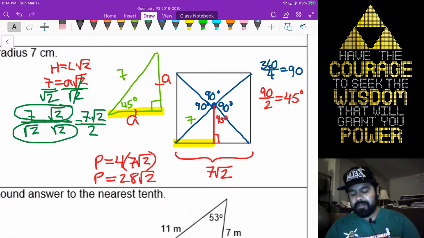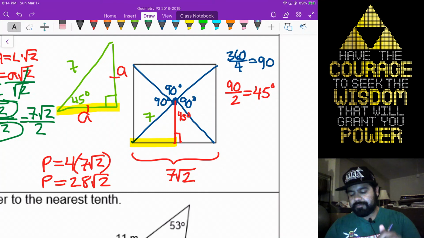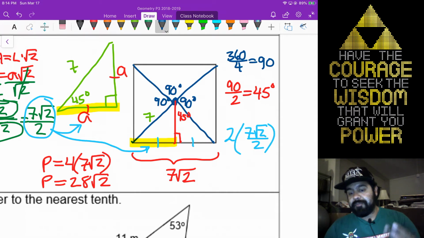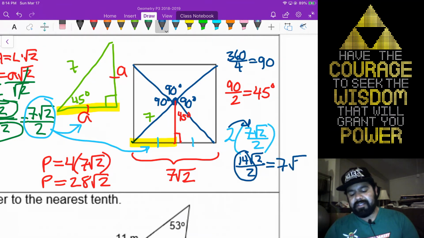Oh, okay. So let's just show that math. So hopefully you recognize that this 7 rad 2 over 2 is this length here, which is that length there. So if I take that actual expression, because these are the same with doubling, so 2 times 7 rad 2 over 2, you could say, oh, 2 times 7 is 14, but then you're dividing it back out by 2, so that gives you 7 rad 2.